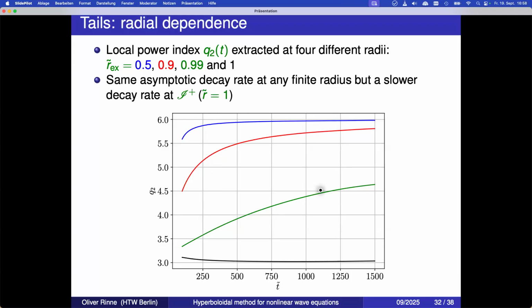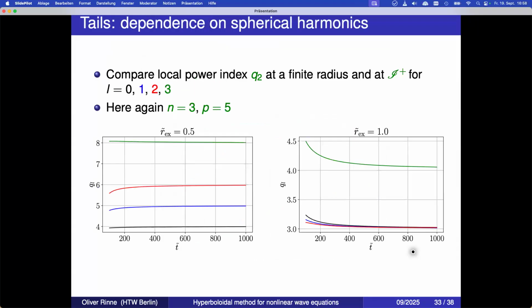For this evolution, which has an extraction radius quite close to future null infinity already, I would have to evolve for much longer, of course, to see it. But they all seem to approach this constant 6. But at future null infinity, you get a smaller decay rate, which is only 3 in this case. So this is quite typical, of course, has been observed many times for different equations.